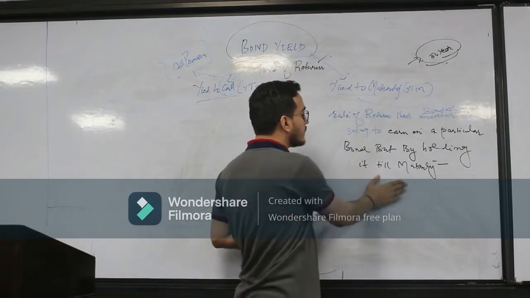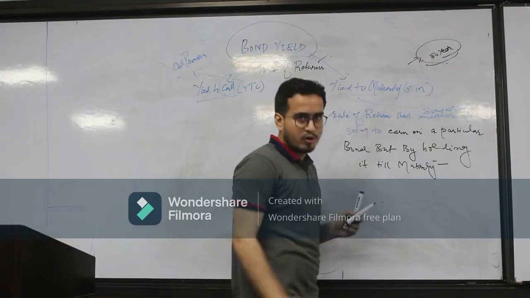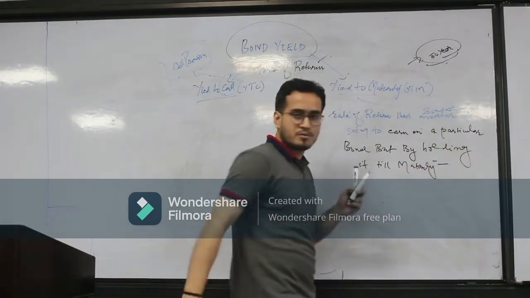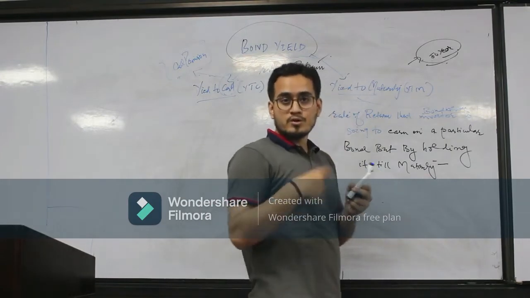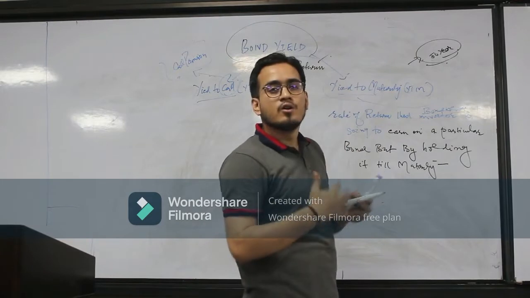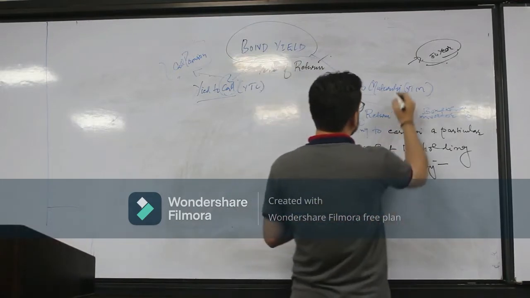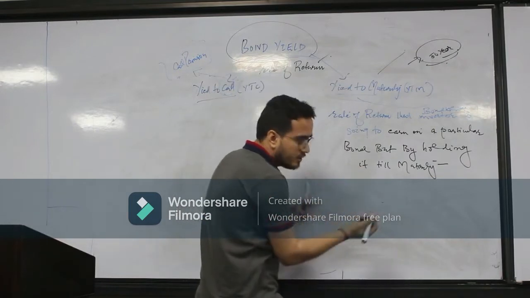It means if you are holding this particular bond for the full 50 years of its life, then whatever coupon payments you are receiving, we will convert those coupons into a rate of return by using the bond valuation formula. So we will get the yield to maturity. Now how can we get it?